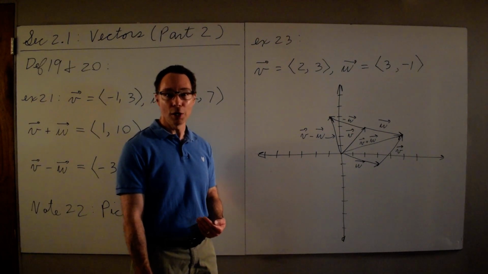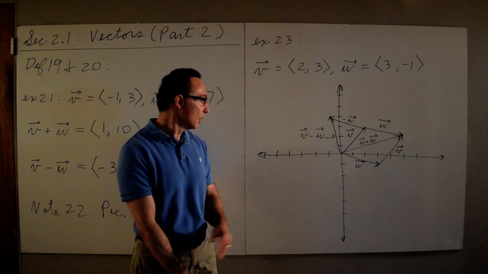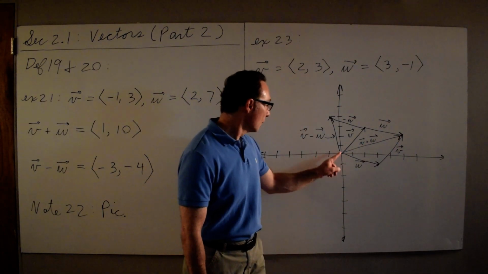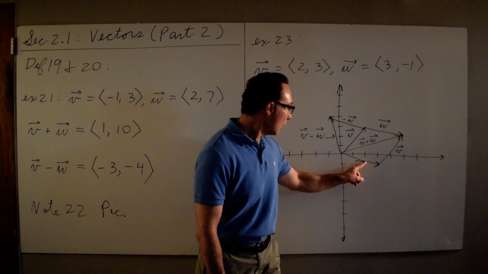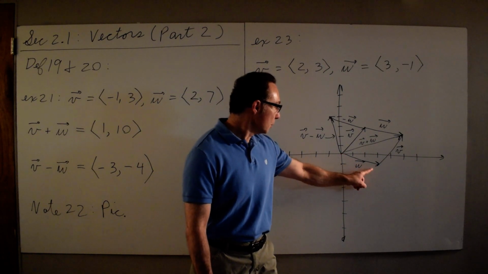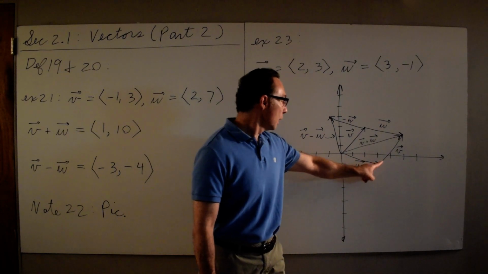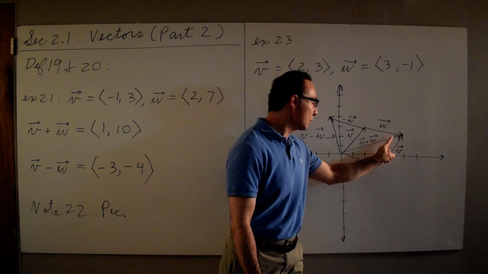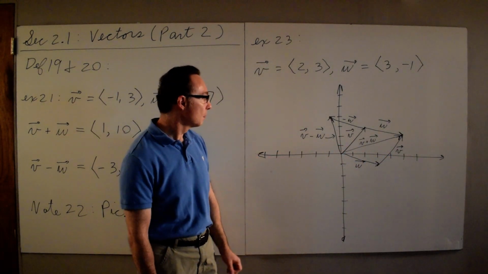The regular addition in the real line is commutative. So w plus v is also v plus w. So we start with the initial position representation of w, and we add v, and we have v plus w. We've illustrated it as w plus v, but it's the same vector.